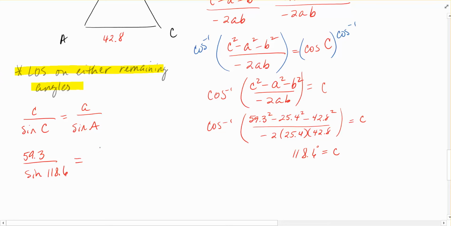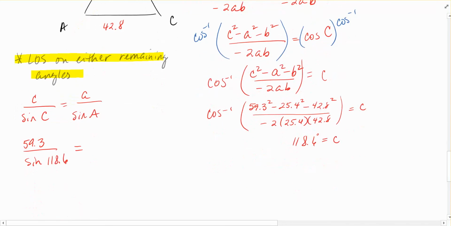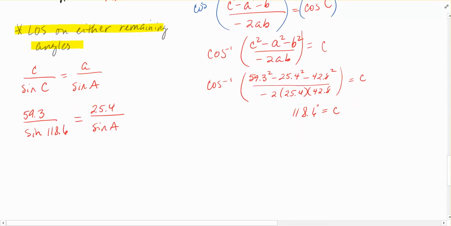That's equal to side A, which is 25.4, divided by the sine of A.